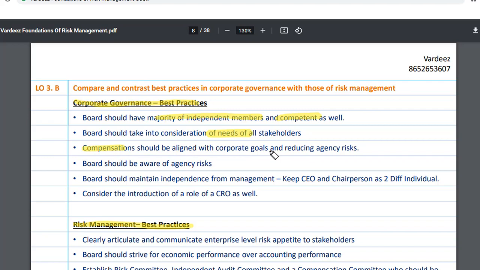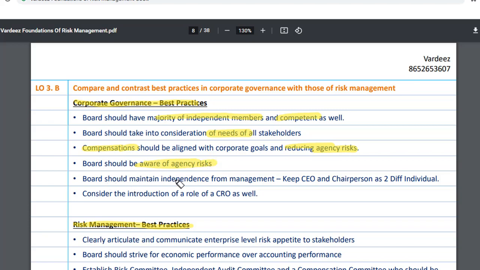Compensation should be aligned with corporate goals and reduce the agency risk. Managers should not take more and more risk just to get more compensation, so it should be aligned well. The board should be aware of the agency risk. There is a chance that management may work for their own self-interest and probably not consider the interest of the shareholders. So the board should be aware of this agency risk.